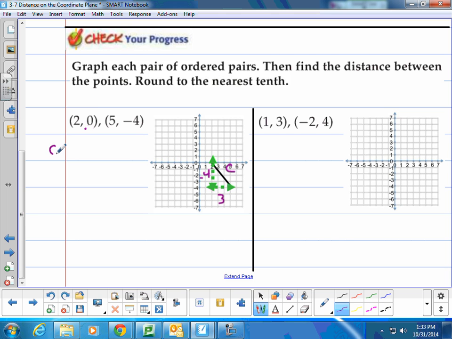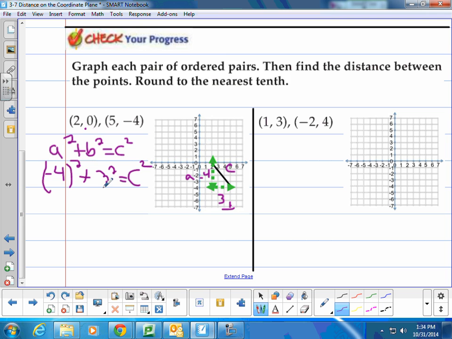So I'm using A squared plus B squared equals C squared. When I'm looking for C, I can plug in A. In this case, I'm going to make 4 my A. So -4 squared plus B, which is 3 squared, is equal to C squared.